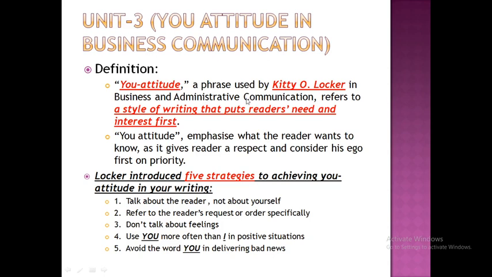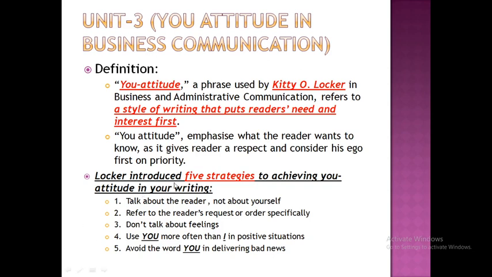U attitude is a phrase used by Kitty Locker in his Business and Administrative Communication first time. U attitude emphasizes what the reader wants to know, as it gives the reader respect and considers his ego first on priority. Very simple this is. This is something related to the ego of that person who is reading our text which we wrote.